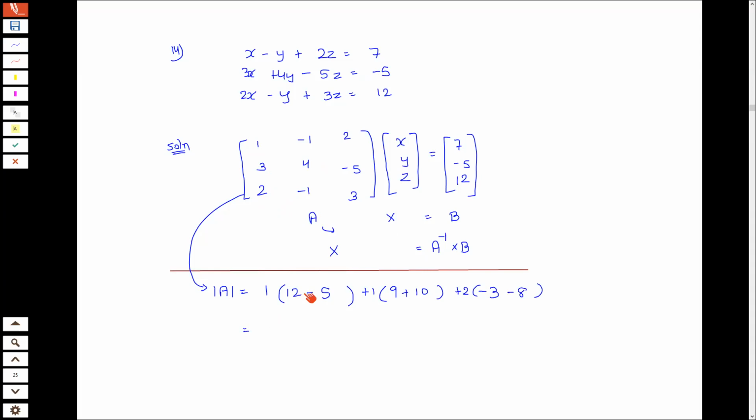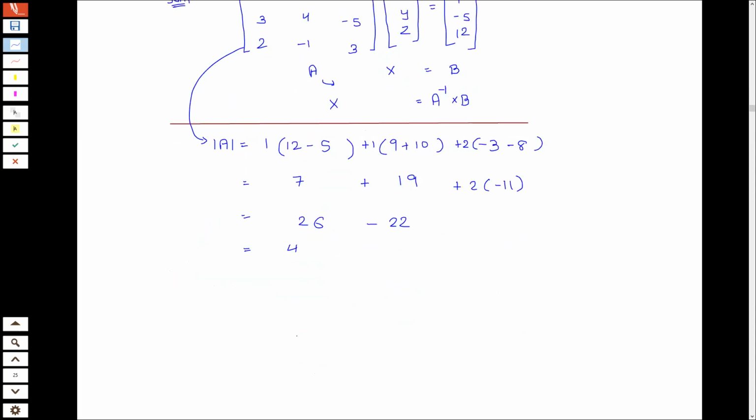So it is 12 minus 5, which is 7. Here 9 plus 10, which is 19. And here it is -11. So 19 plus 7, 26, minus 22. So I will get the value as 4. So I hope you are also getting the value as 4.